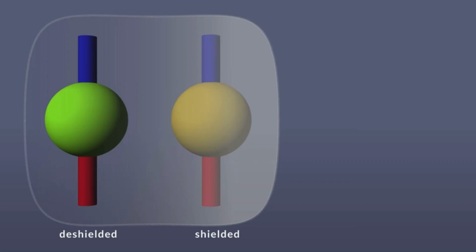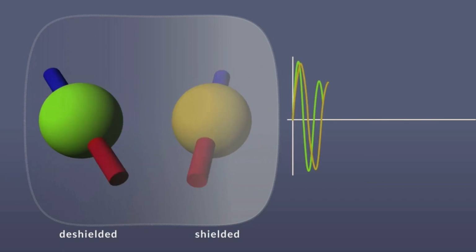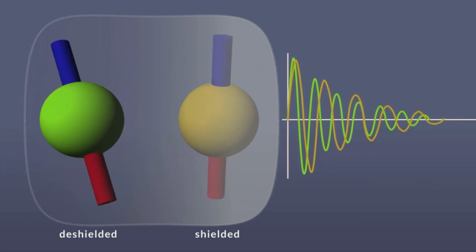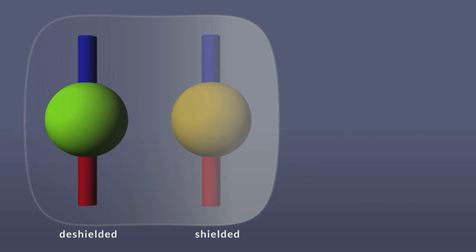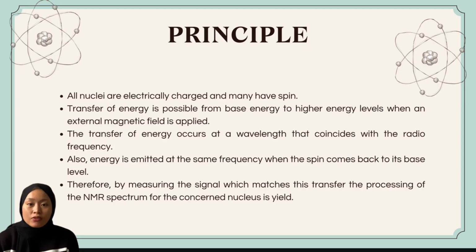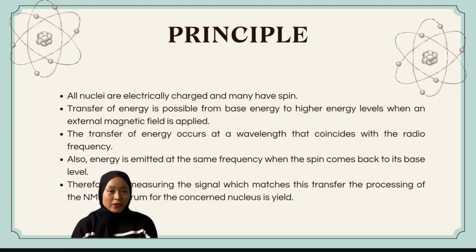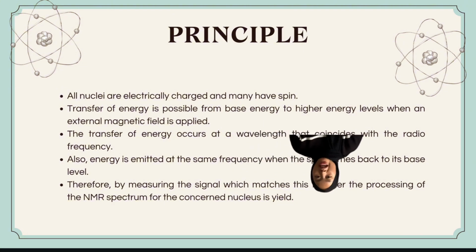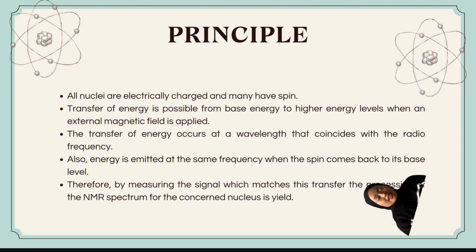The transfer of energy occurs at a wavelength that coincides with the radio frequency. Also, energy is emitted at the same frequency when the spin comes back to its base level. Therefore, by measuring the signal which matches the transfer, the NMR spectrum for the concerned nucleus is yielded.